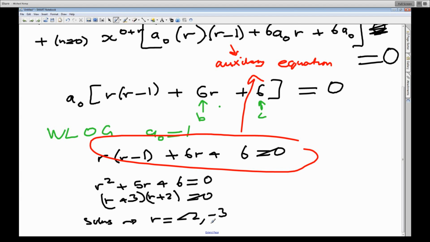Now, if the two values you get differ by something which is not an integer, it works perfectly well, great. If the two values are the same, so it's a double root, or if they differ by an integer, then you might get log terms cropping up instead. In this case, you can see these differ by an integer, they differ by 1.